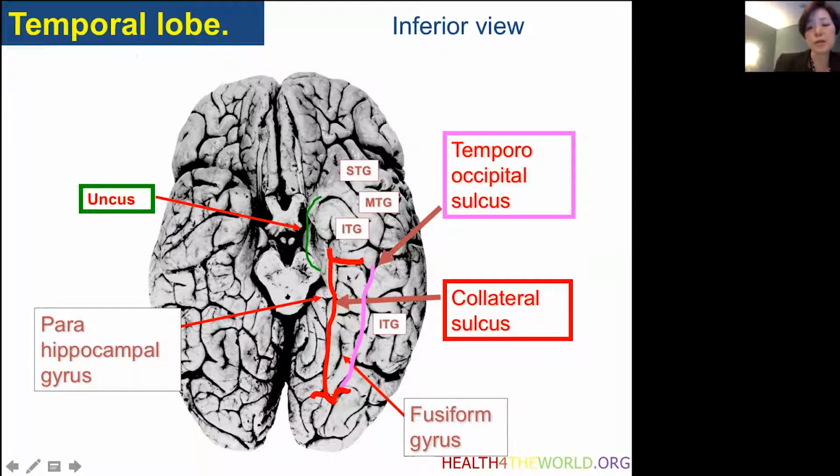The fusiform gyrus extends from the temporal to the occipital lobe, and there is no temporal portion or occipital portion. There is no separation. It's just sitting there in between the temporal and occipital lobe. The parahippocampal gyrus continues into the occipital lobe, and there it is called the lingual gyrus. So the occipital component of the most medial aspect, the continuation of the parahippocampal gyrus, is the lingual gyrus, right?